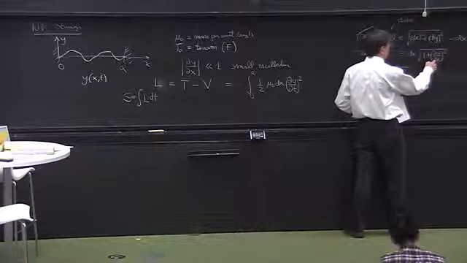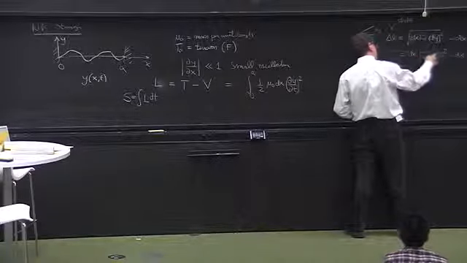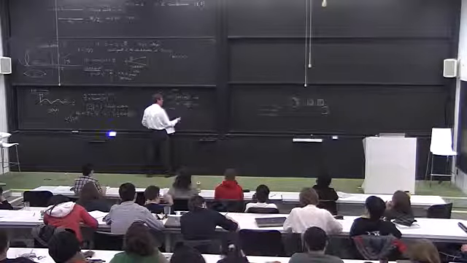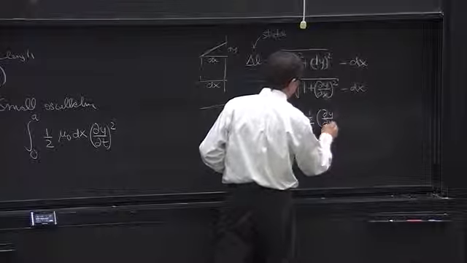To first approximation, since this thing is small, you get dx times 1/2 (dy/dx) squared.